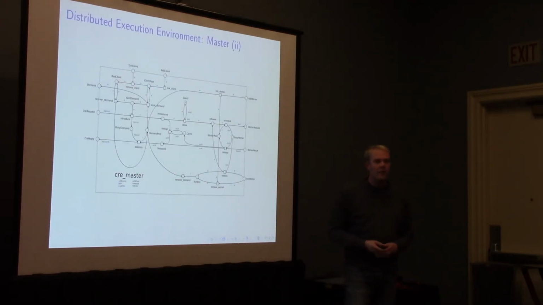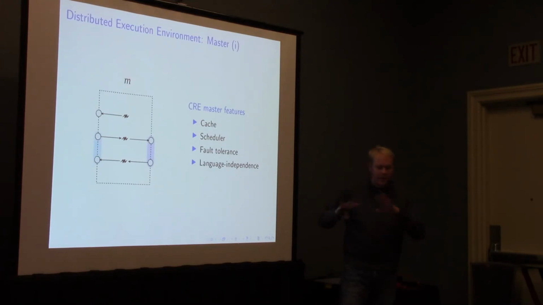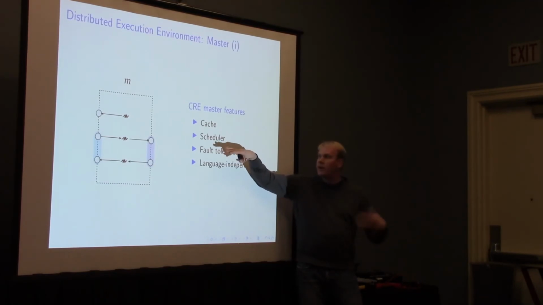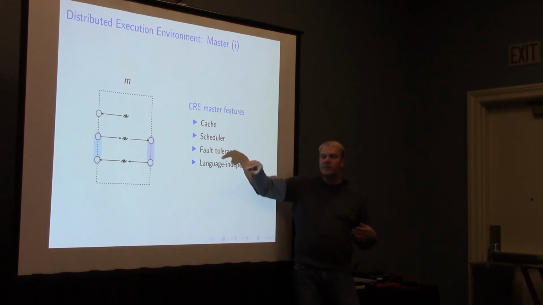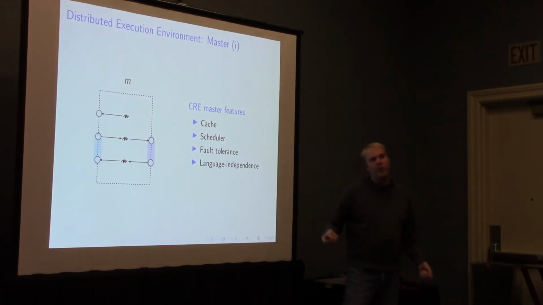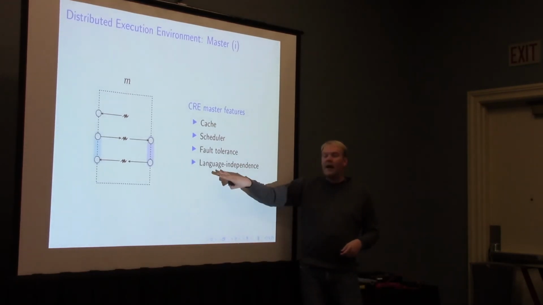The master does a lot of things. It acts as a cache, so when you ask it for some computation twice, it will reuse the results. It acts as a scheduler, so it chooses the worker. It needs to be fault tolerant, so clients can die and workers can die, and it has to handle that. And it's language independent.